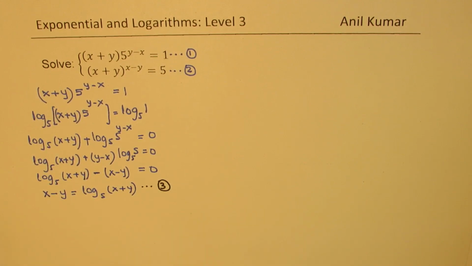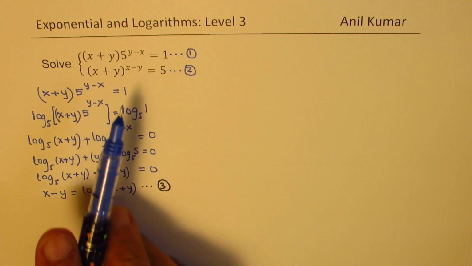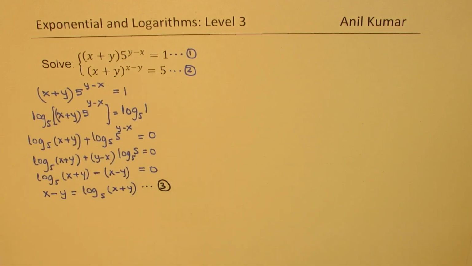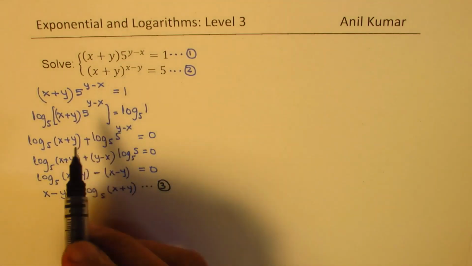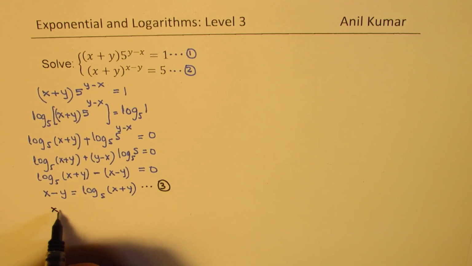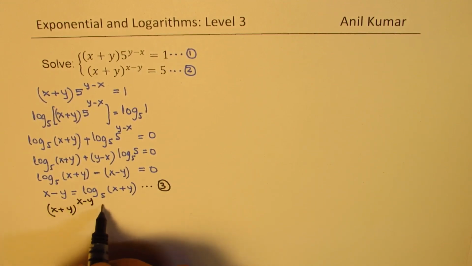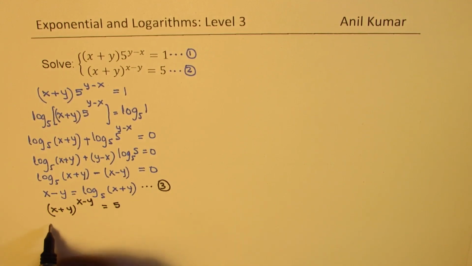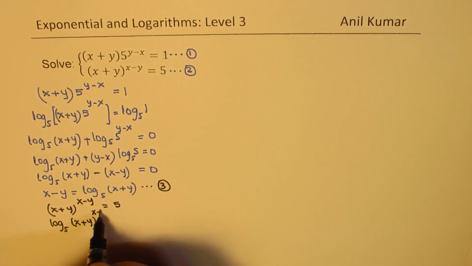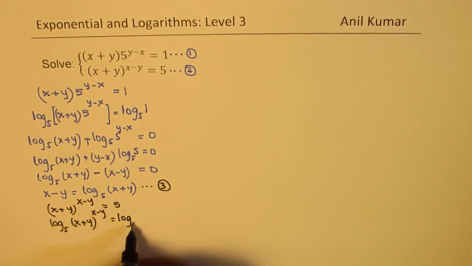Now let us also solve the second equation, taking log on both the sides. So we get (x plus y) to the power of x minus y equals 5. Taking log, we get log to the base 5 of (x plus y) to the power of x minus y equals log to the base 5 of 5, right?